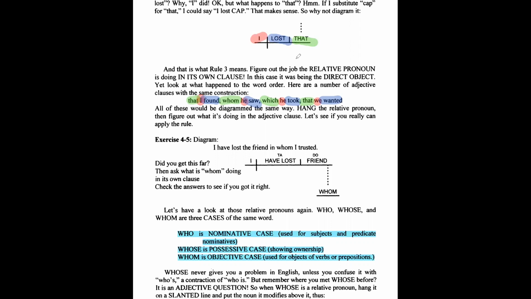It just might be a little confusing because of the placement of that relative pronoun, which now comes at the beginning of the adjective clause because it's a relative pronoun. So you just have to pay close attention to that. Okay. Let's see if you really can apply the rule. Okay, so 4-5. I have lost the friend in whom I trusted. Where is the main clause? I have lost the friend.